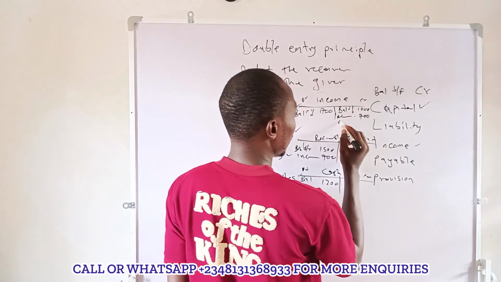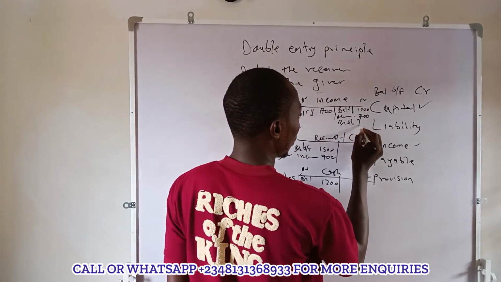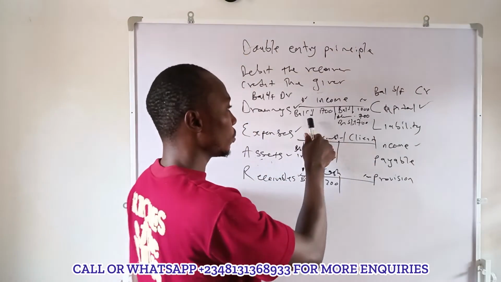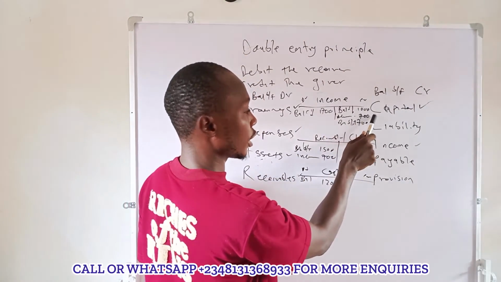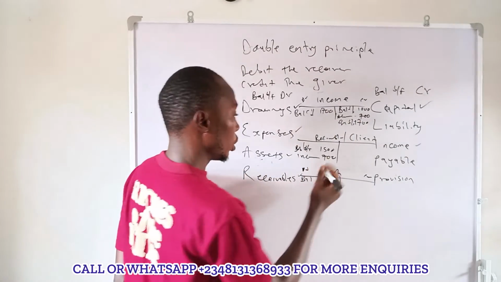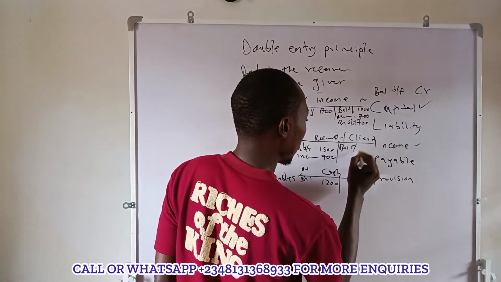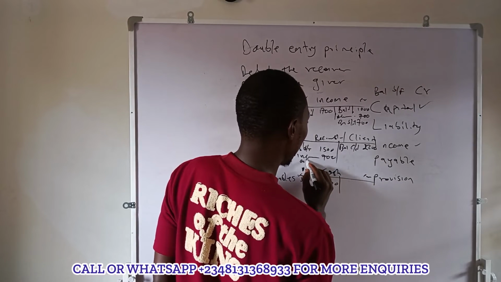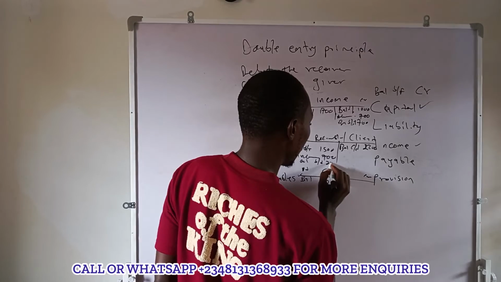So we are having the balance brought down of 17. So we are crediting the giver, then we'll now do the balance, and we're debiting the receiver. We'll now do a balance. So balance carry down of 2, then balance brought down of 2.